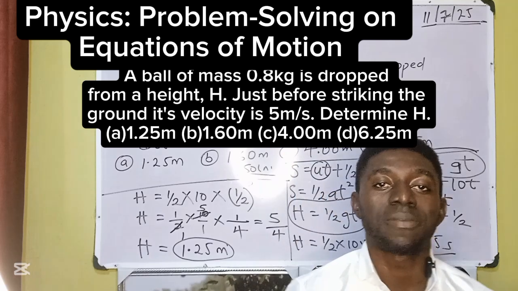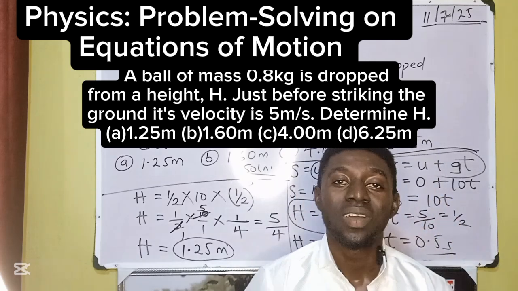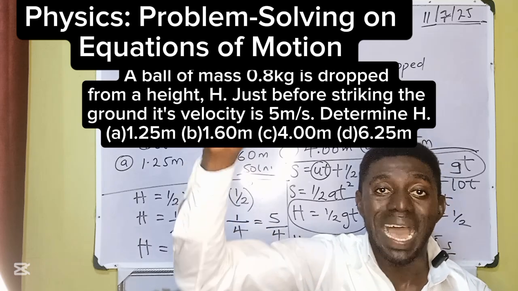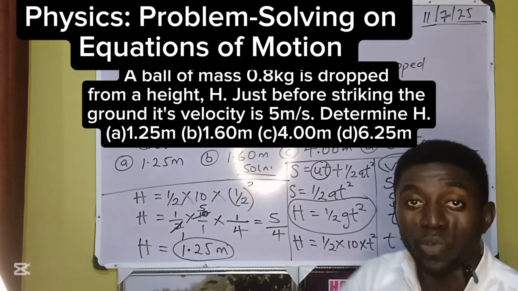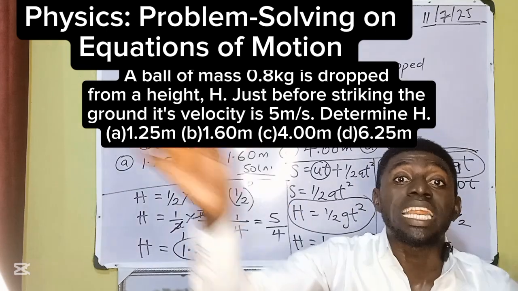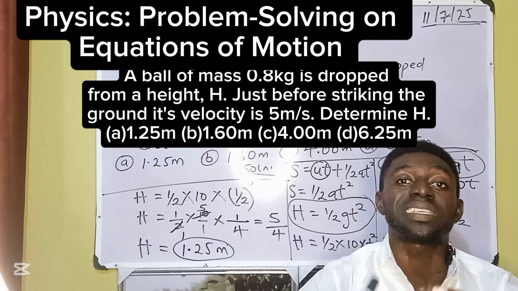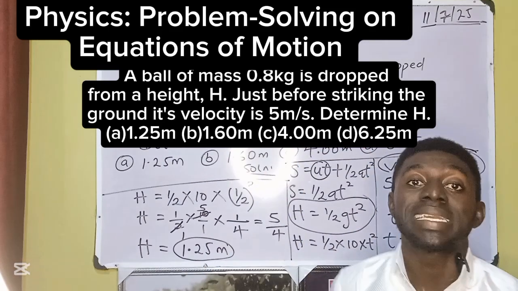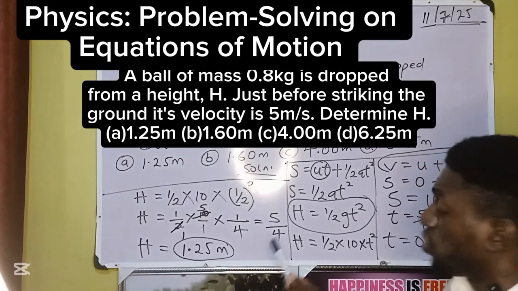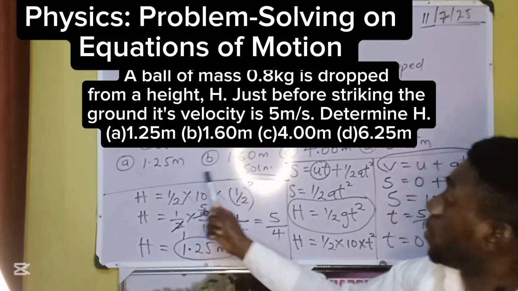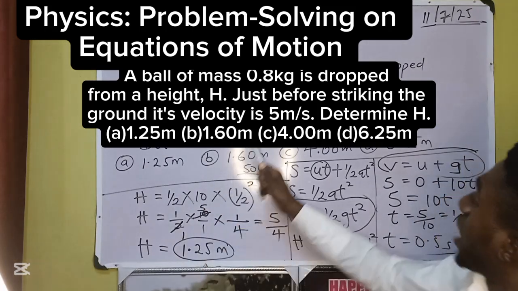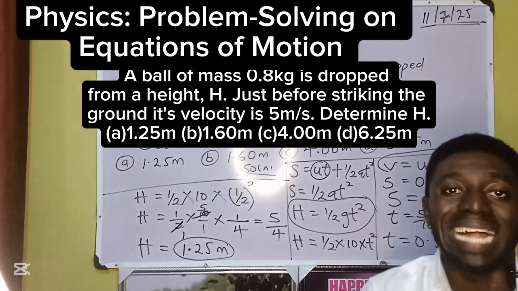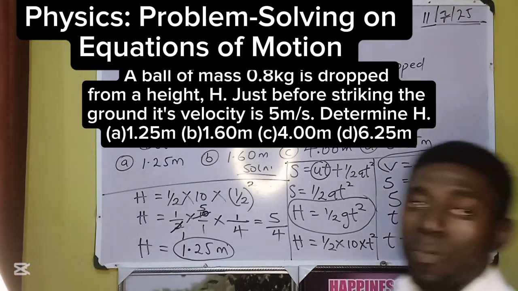1.25 meters. So in a nutshell, we are saying that if a body is released from a height of 1.25 meters, irrespective of the mass, be it a rock or a feather, that body will have an initial speed of 0 and a final speed of what? 5 meters per second, and a time of 0.5 seconds.